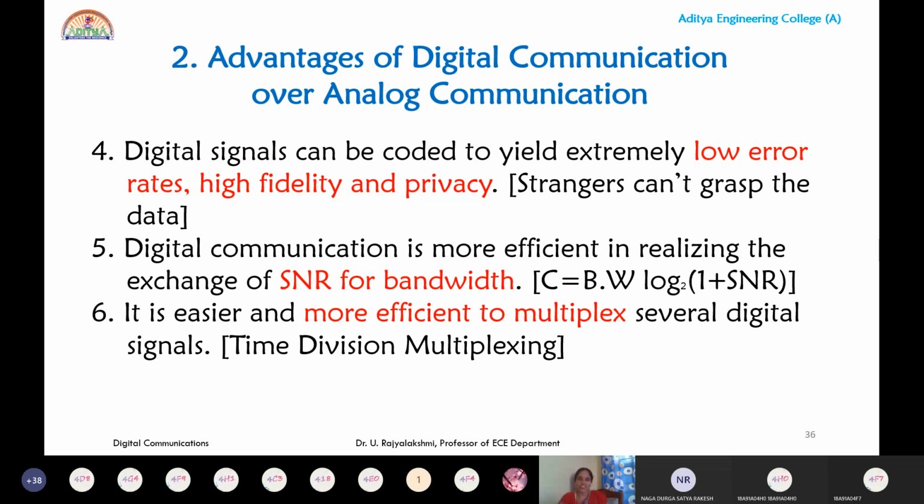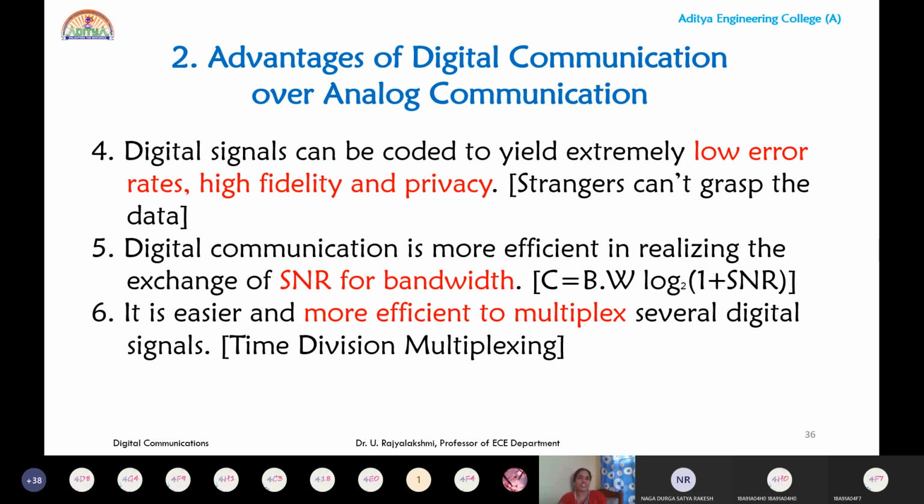Okay, so what is frequency division multiplexing? It is a process of transmitting multiple message signals through a single channel by dividing the input message signals in terms of frequency.